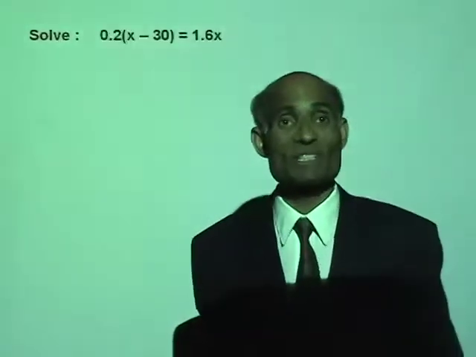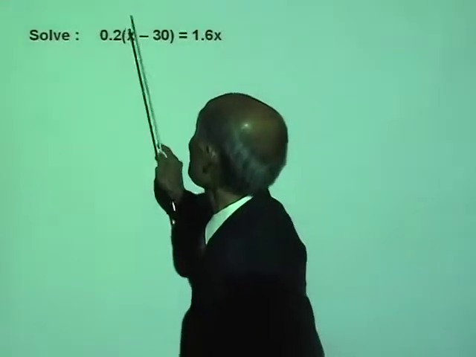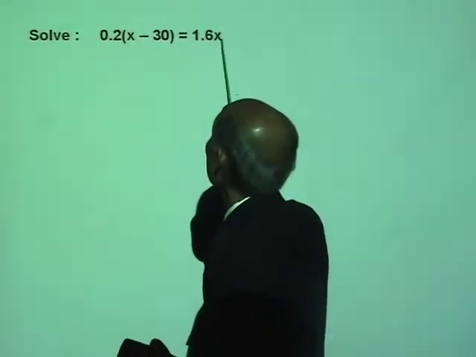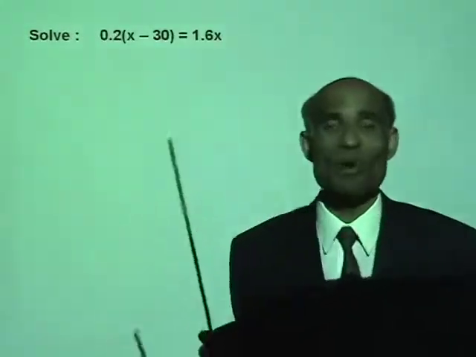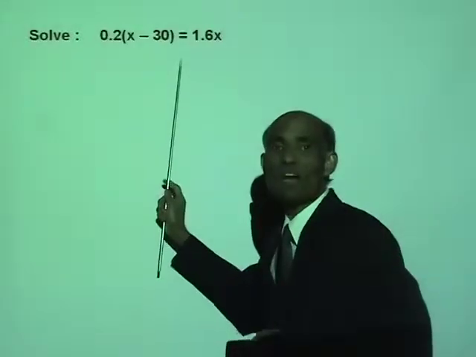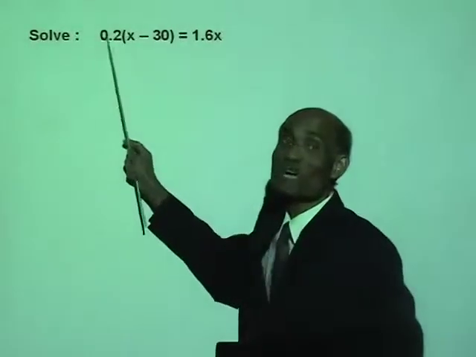I want you to practice this question again one more time. A very important type of problem. Another one, solve 0.2 times x minus 30 equal to 1.6x. Now tell me, how many terms are there on the left side of this equation?